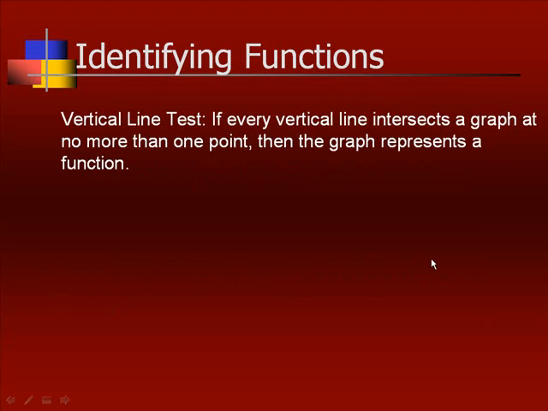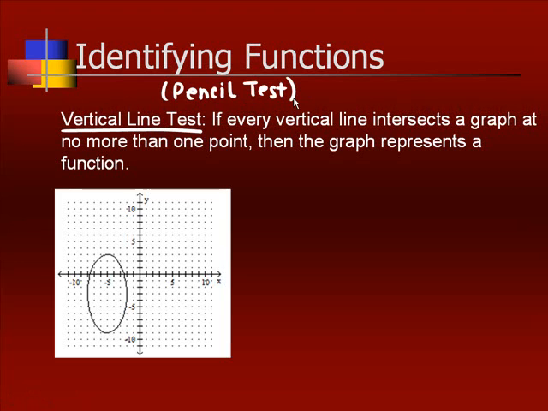Okay? Now, let's say we've got a graph, and we want to decide if that graph represents a function. Then we have the vertical line test, or you may refer to this as the pencil test. Okay, and what it says is, if every vertical line intersects a graph at no more than one point, then the graph represents a function.